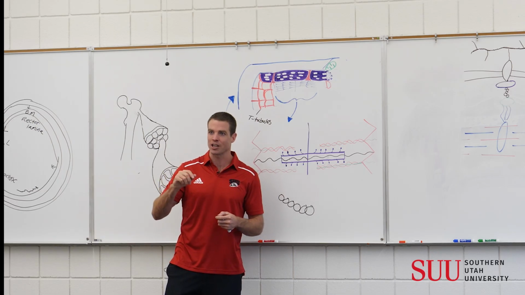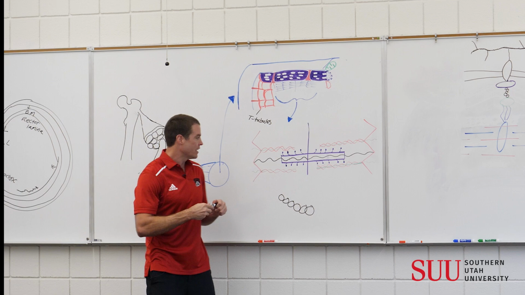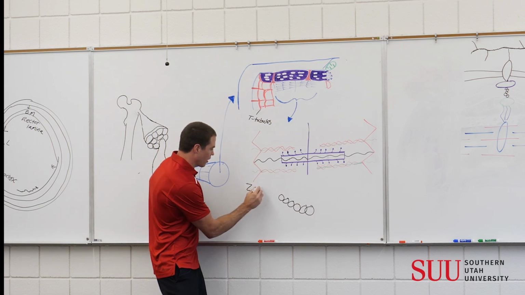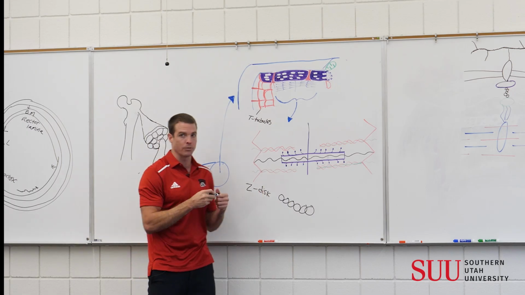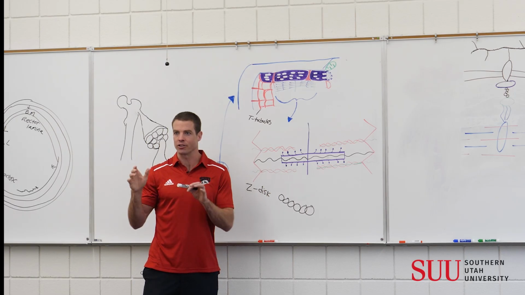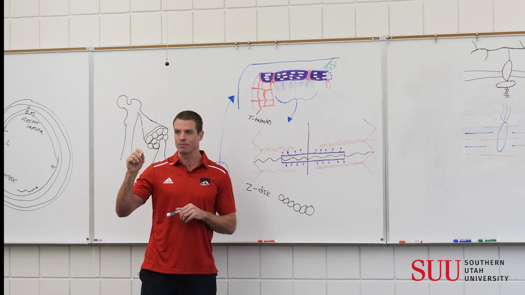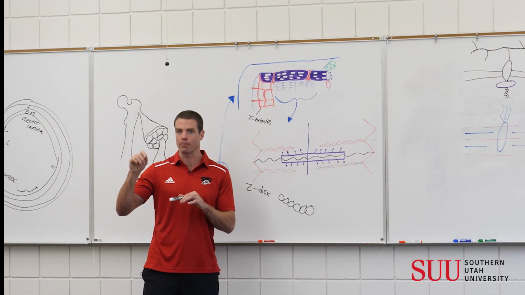So when it comes to the sarcomere, first we have the Z disc, which is this part right here. You're going to want to know all of these parts to really understand the sarcomere. The Z disc is this boundary, and it anchors the thin filaments, and right in the center of that is what we're going to call the I band.